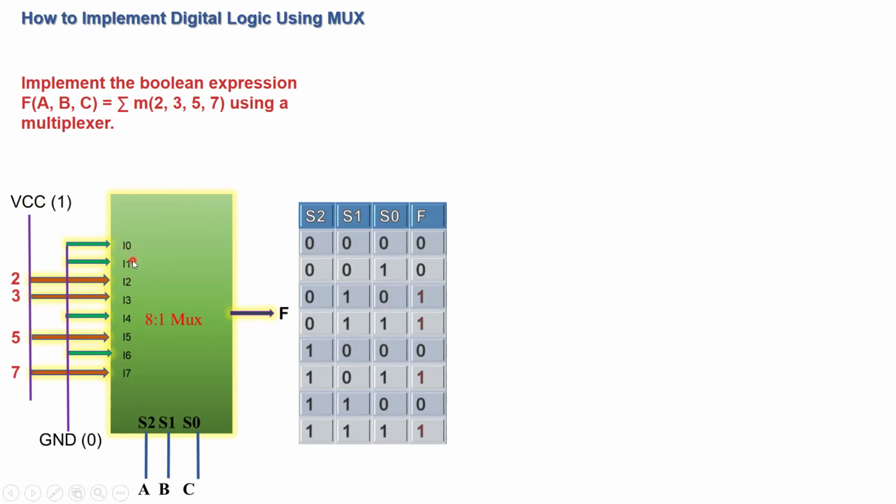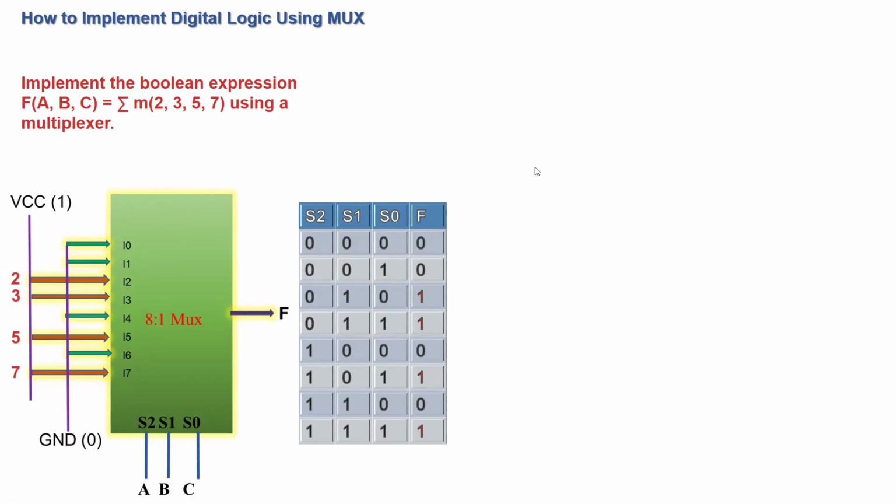And the rest of the input lines I0, I1, I4, and I6, they have to be tied to logic low, that is ground. Therefore, when you apply a possible combination of A, B, C, or say S2, S1, S0, whichever lines are connected to logic high will be connected to the output, because the output is 1 only for these specific combinations. For other combinations, the output is 0. So this is how you have implemented this Boolean expression using an 8 is to 1 multiplexer.